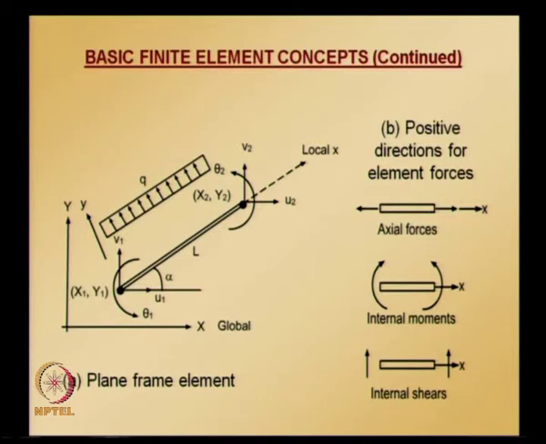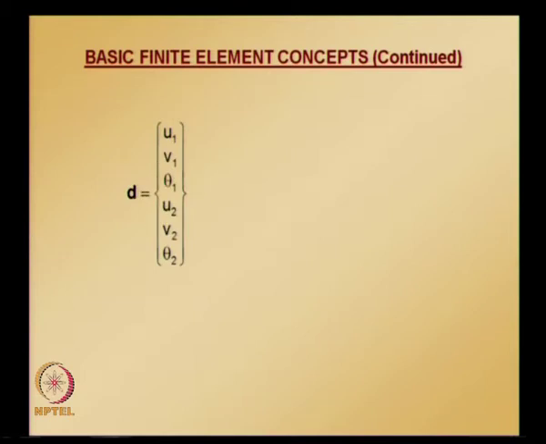So, the global degrees of freedom are u1 v1 theta 1, u2 v2 theta 2. u1 is going to be the axial displacement at node 1, v1 is transverse displacement at node 1, and theta 1 is rotation at node 1, and similarly u2 v2 theta 2 are the corresponding degrees of freedom at node 2, and this is a global load vector.